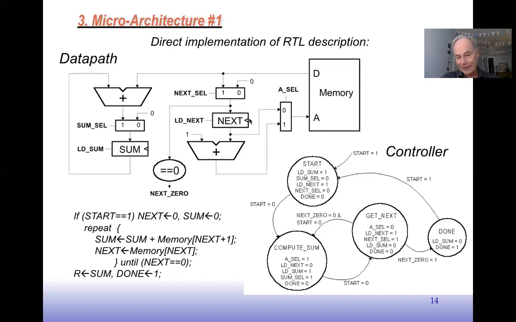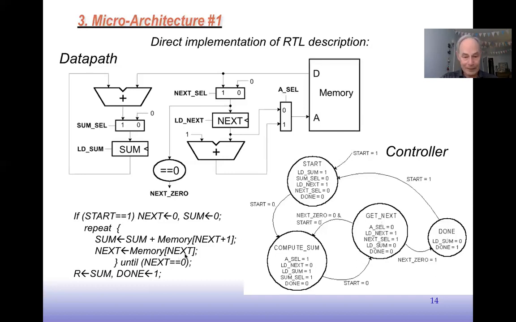We're going to change it on the other clock cycle, but we do want to change the sum value on this clock cycle. So we set that load signal to 1, and we set the sum select to 1, so we choose the output of this adder, and then done to 0.